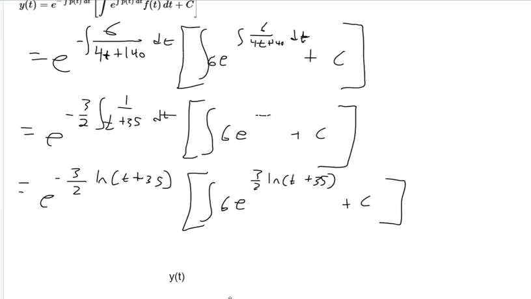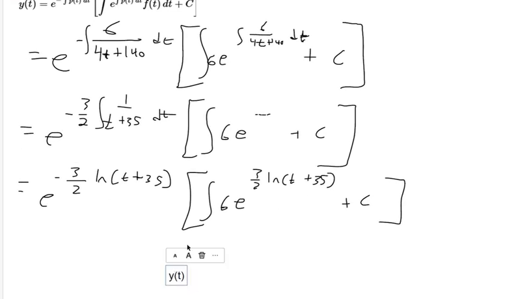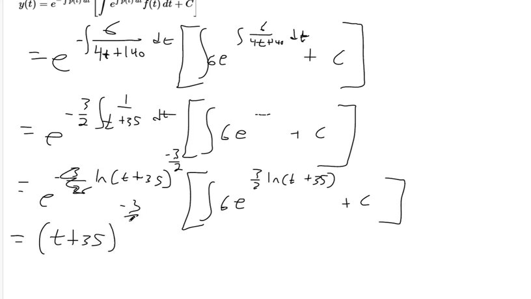Okay, so that simplifies. This is a coefficient of a logarithm, so you can put it in the exponent. So e to the natural log cancels out, so we're left with t plus 35 to the negative 3 halves.